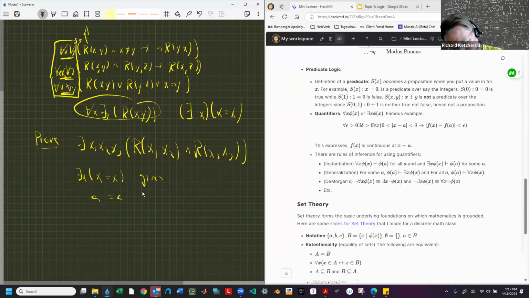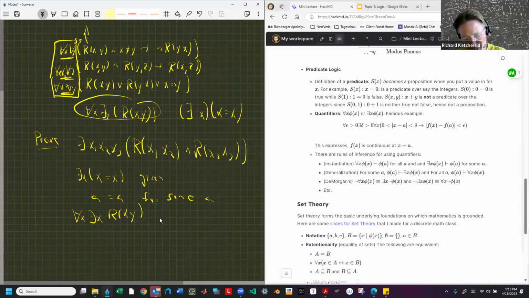And from that I get to say a equals a for some a. That is instantiation, right? This is that rule where I'm going from there exists something to a specific example, for some a. And then I have this one right here: for all x there exists a y such that r of x y.